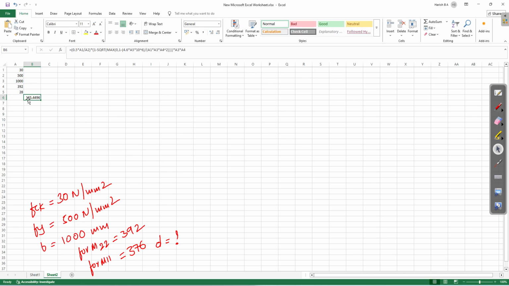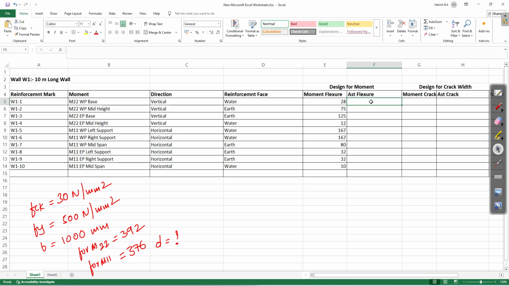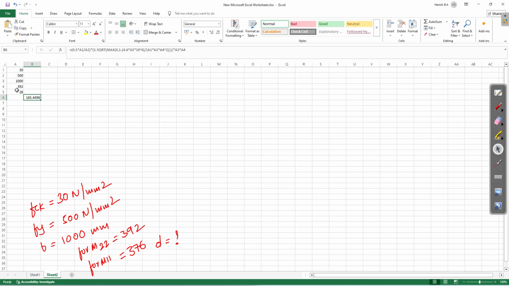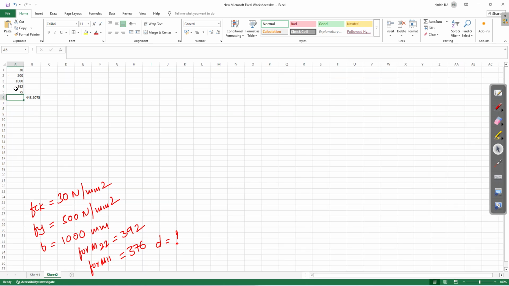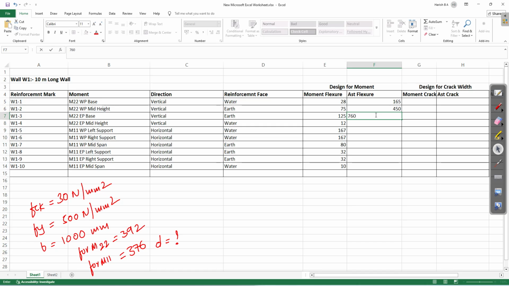It gives 165. Next, your moment is 75, so I will change the moment value to 75, where area of steel is 448. I will write it as 450. Next, your moment value is 125. It is 757, so 760 mm square.